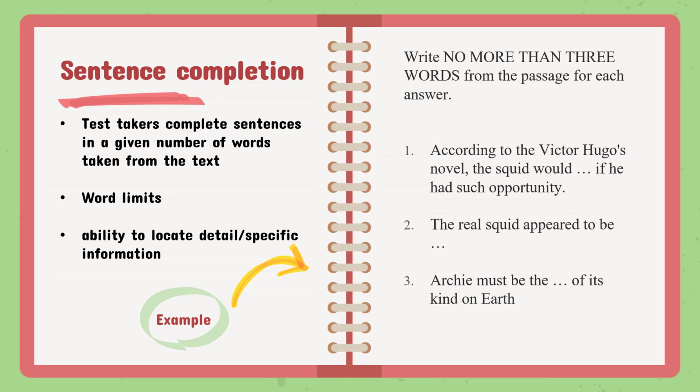The ability to look at details or specific information plays an important role here. And you may have fewer words than the limit, that's correct, that's not a problem. You cannot exceed it, that's the only problem.